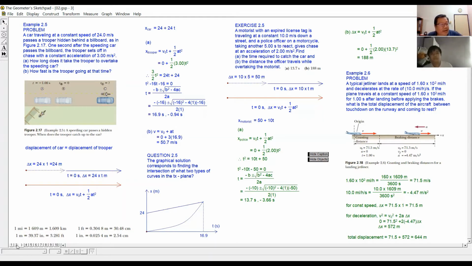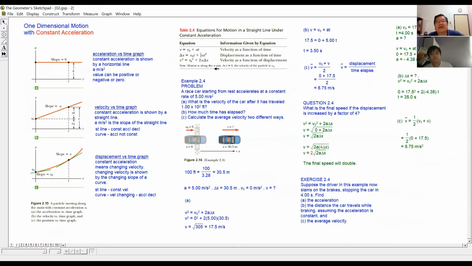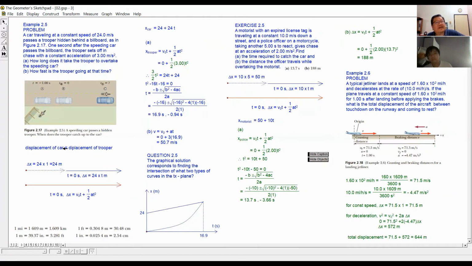The other formula with the displacement involves the final velocity, which I don't know, so I cannot use the third equation. I can only use the second equation because I know the initial velocity. The policeman starts from rest because he is waiting behind the billboard.